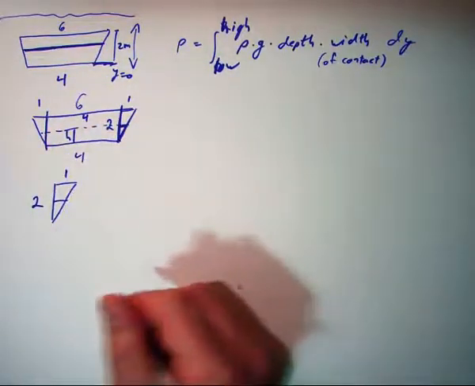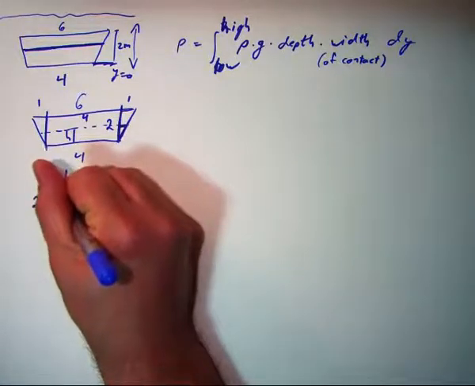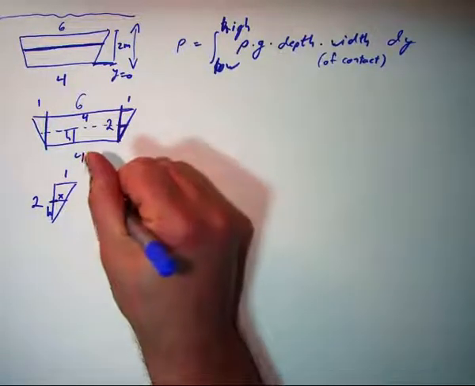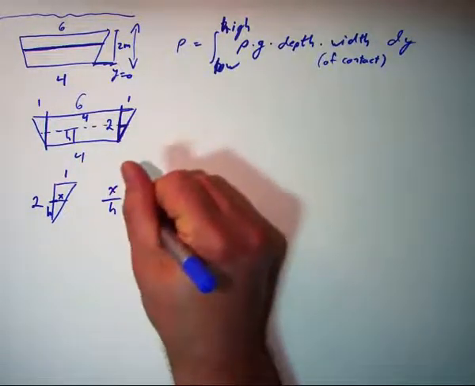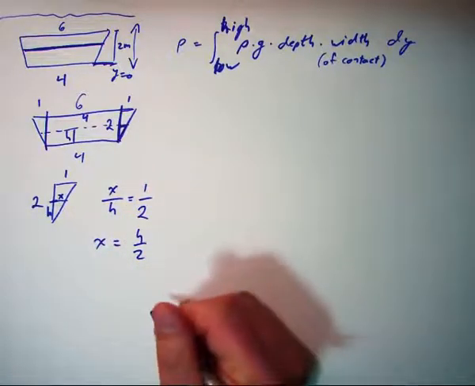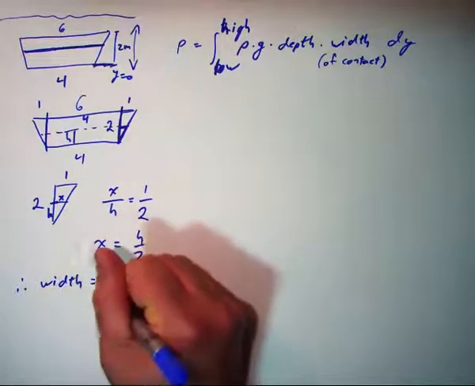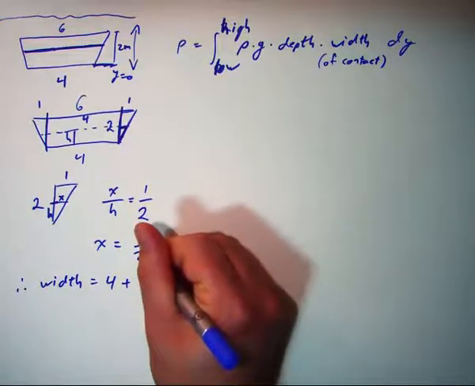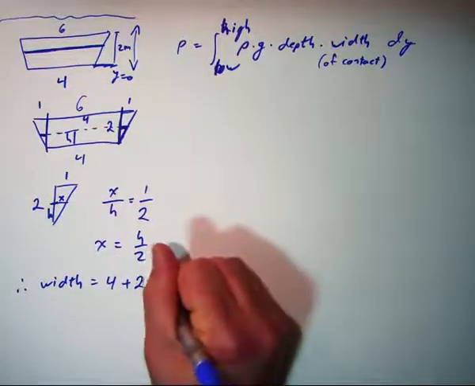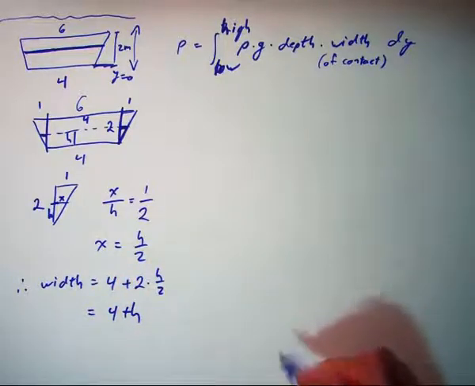So this is 2, this is 1, this right here is h, and this over here is some extra, let's call it x. So x is to h what 1 is to 2, so x is equal to h over 2. Therefore, the width is equal to 4 plus this overhang on the right, and the same on the left, gives us simply 4 plus h.